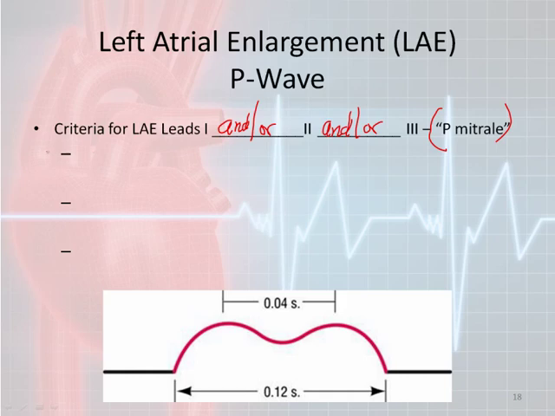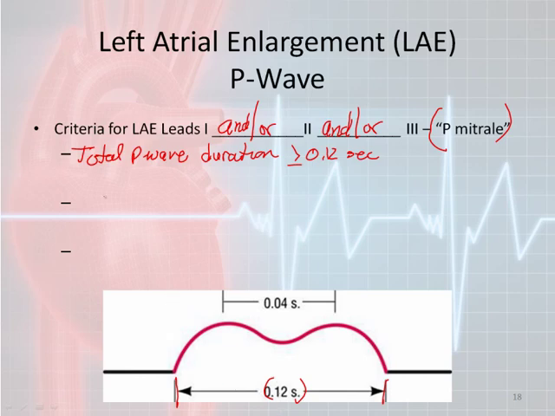First of all, you have to have a total P wave duration that exceeds or is at least 0.12 second. So on the 12 lead, you're going to have a P wave that goes at least 0.12 second, or 3 little boxes.